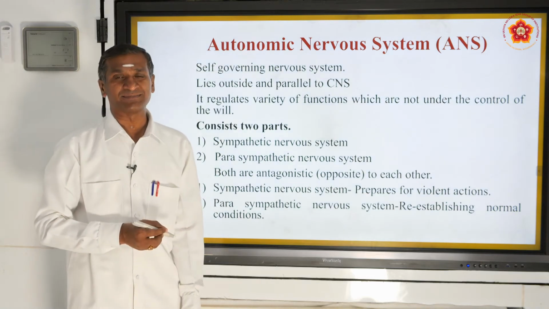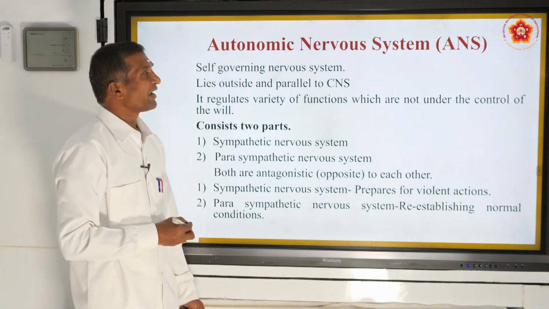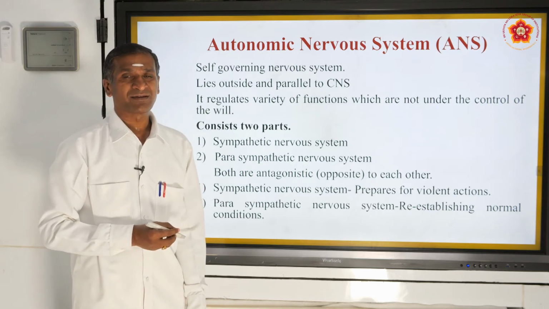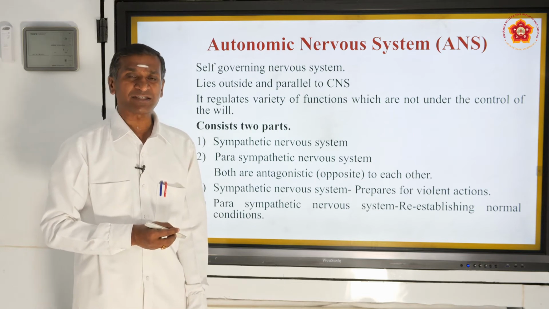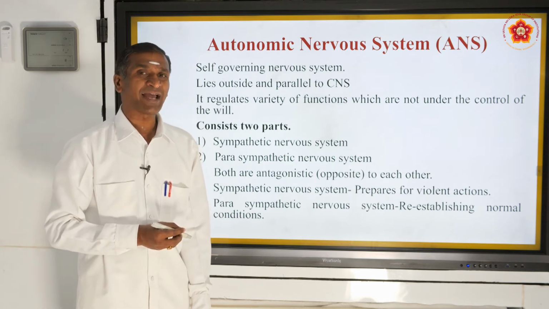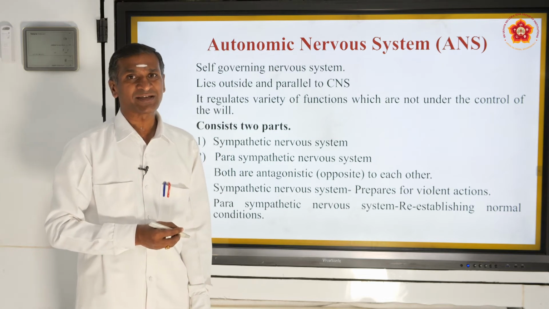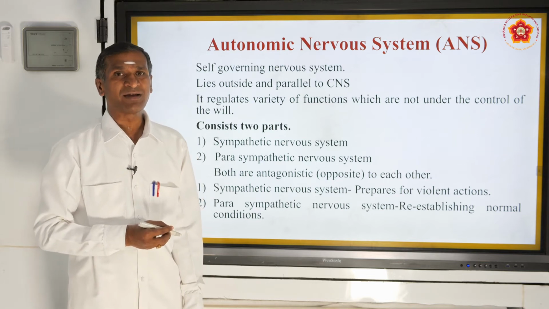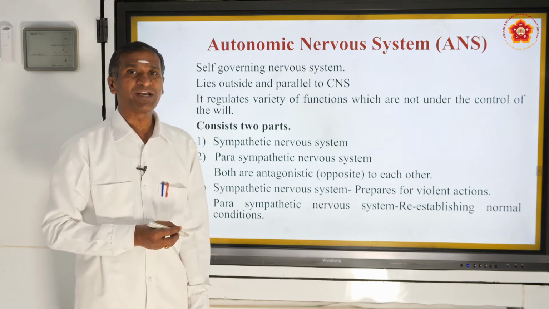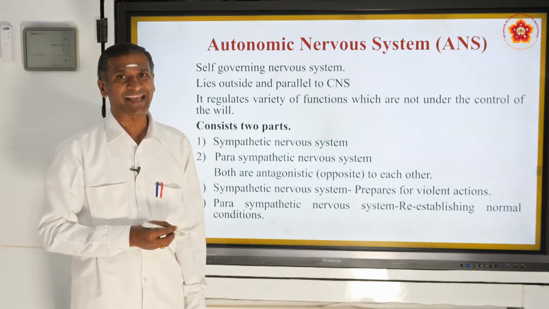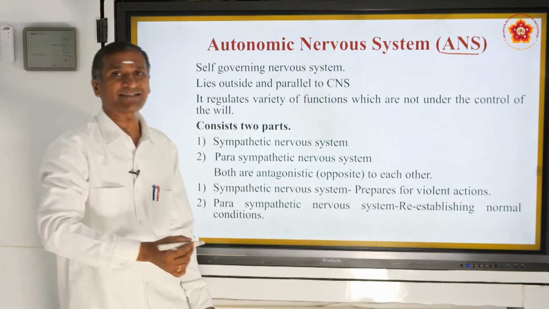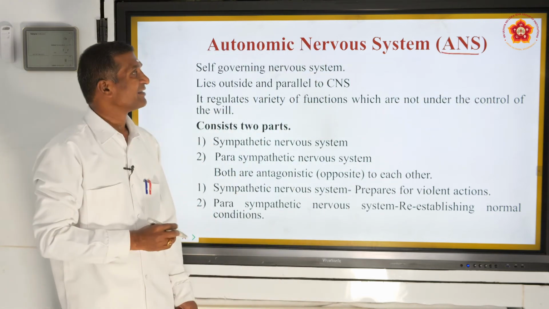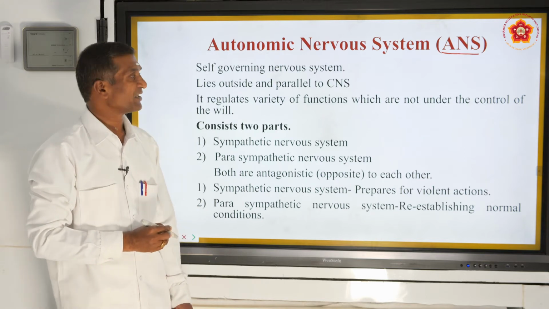Autonomic nervous system, ANS. In the whole human nervous system, for our better understanding, we had divided it into 3 divisions. If you go back to our previous classes, you can remember the whole human nervous system into CNS, PNS and ANS. And here we are with the last division for our understanding to the 10th class level, the autonomic nervous system, ANS.